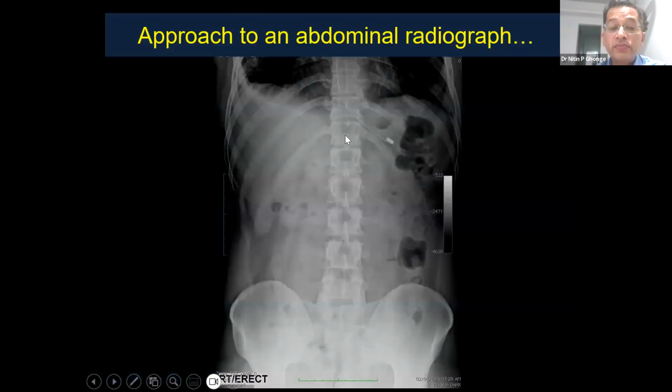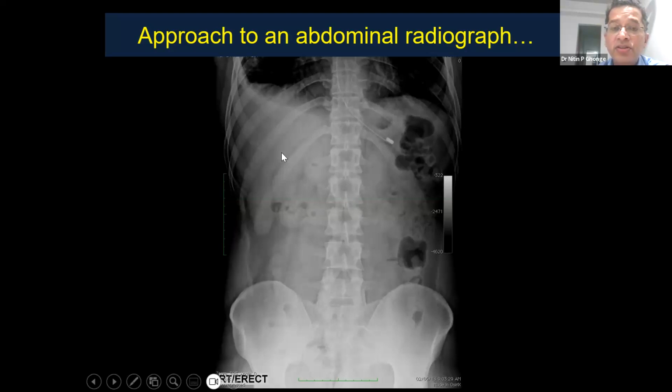So the nephrologist should be able to evaluate the plain radiograph in a sensible manner, as I am going to describe in this example. So we can see a supine erect radiograph of abdomen, which can be acquired in supine as well as erect position.